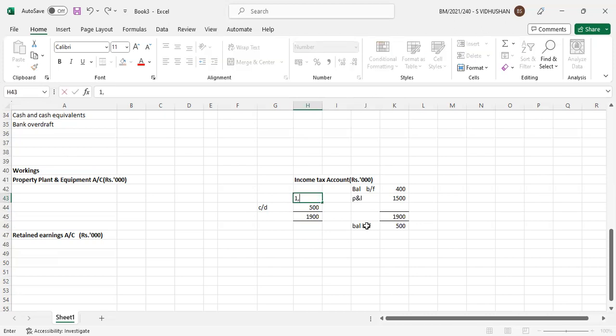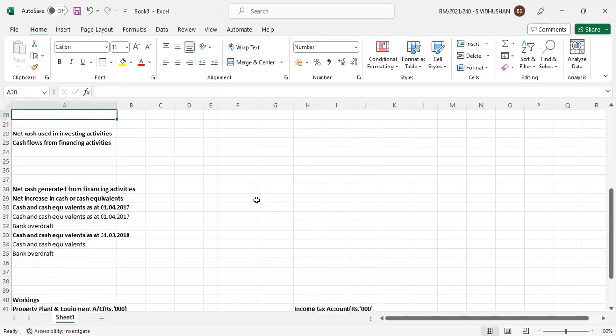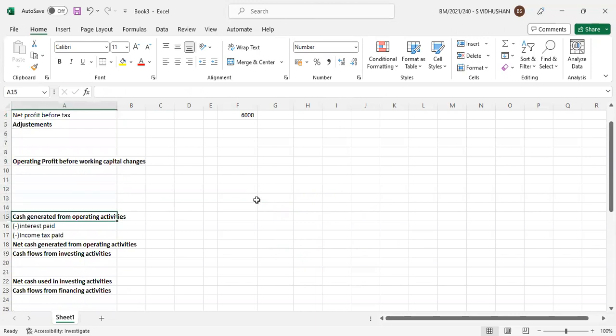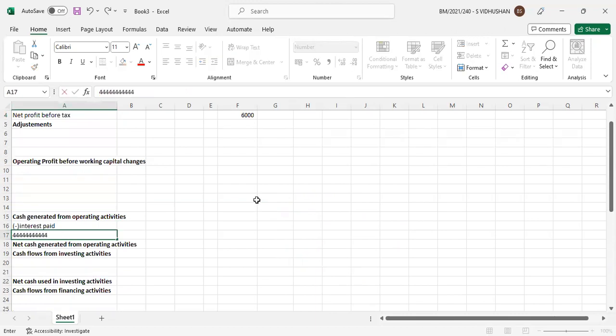So what is that 1,400? That is the income tax paid by cash. You need to record that. So cash paid, income tax paid, how much? 1,400,000.